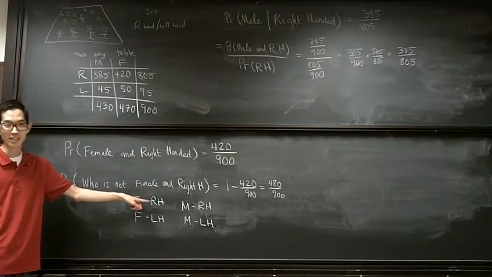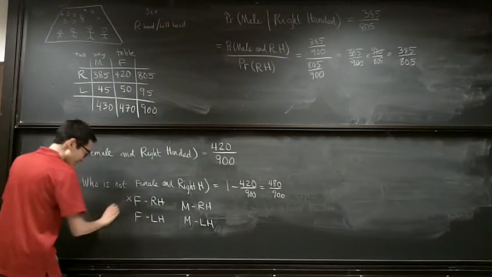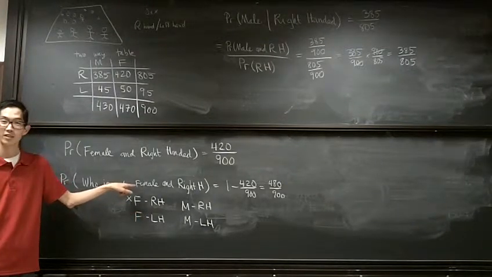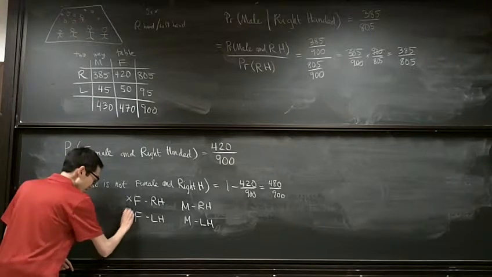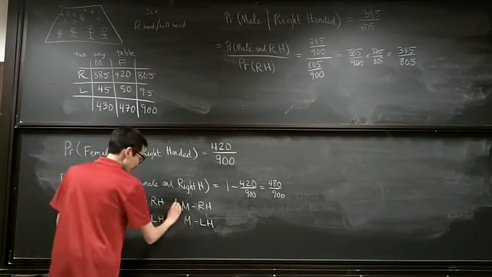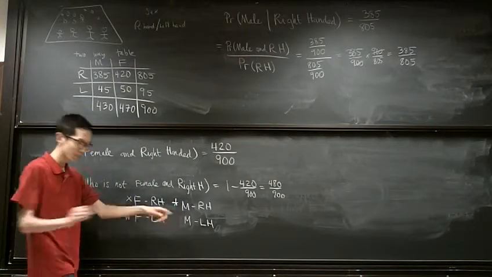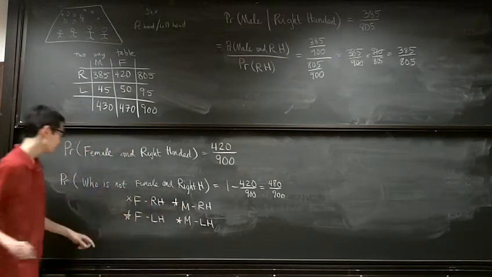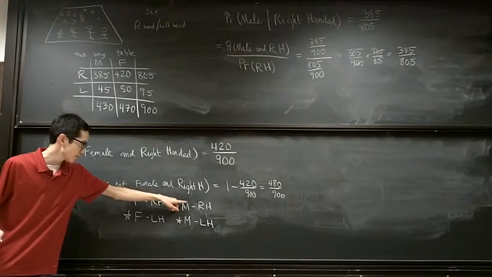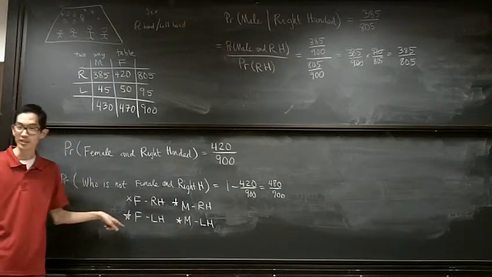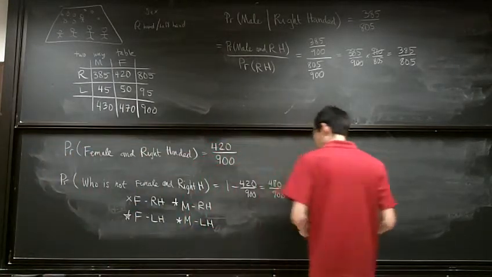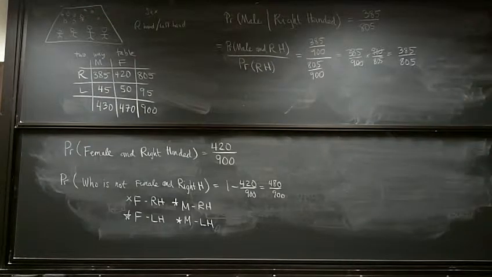Female and right-handed, they do not count. Females who are left-handed, do they count? Yes. Males who are right-handed, do they count? Yes. And males who are left-handed, they count. So who is not female and right-handed? These 3: males who are left-handed, males who are right-handed, and females who are left-handed.